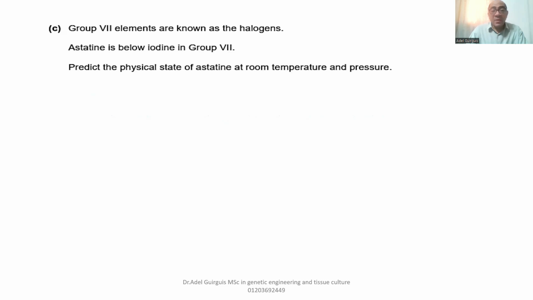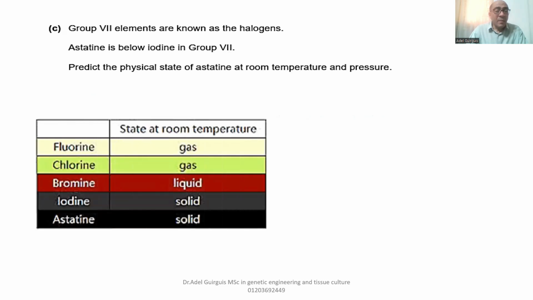Group 7 elements are known as the halogens. Astatine is below iodine in group 7. Predict the physical state of astatine at room temperature and pressure. Let's revise some hints about group 7. Fluorine, chlorine, bromine, iodine, and astatine. The first two members of this group are gases.